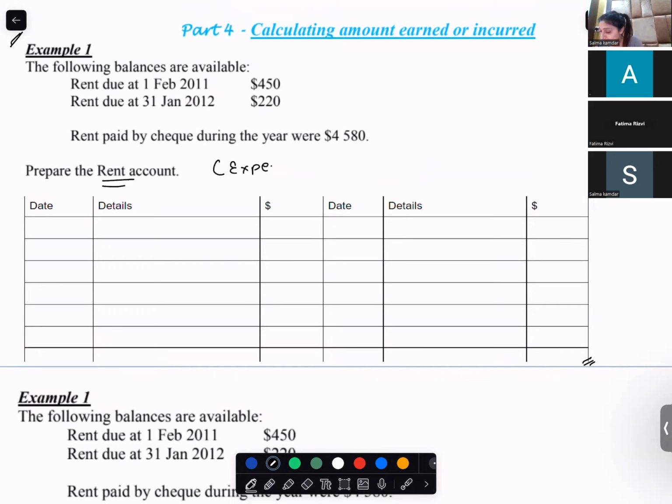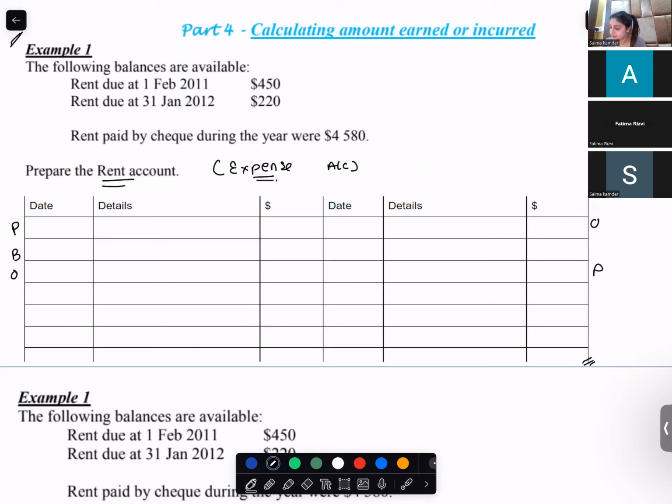For the second one, rent due at 31st Jan, which side do I put it on? First you have to see this is an expense account. So what will you write?